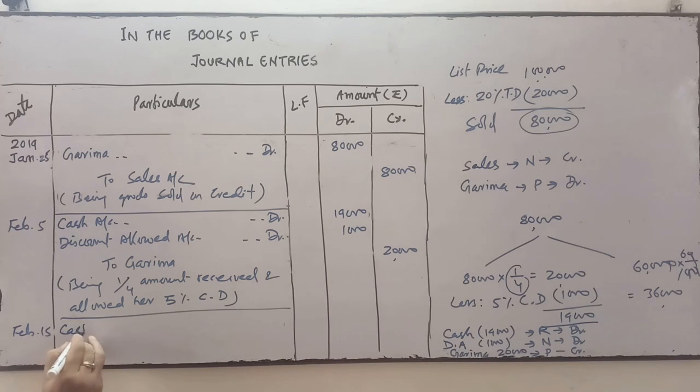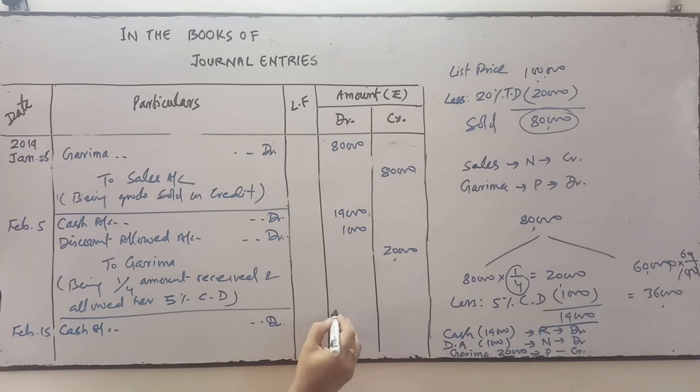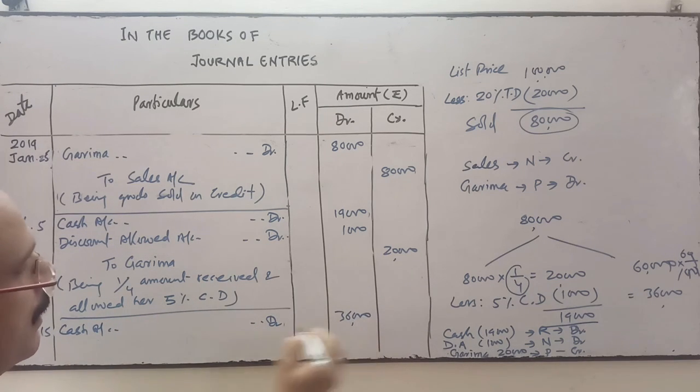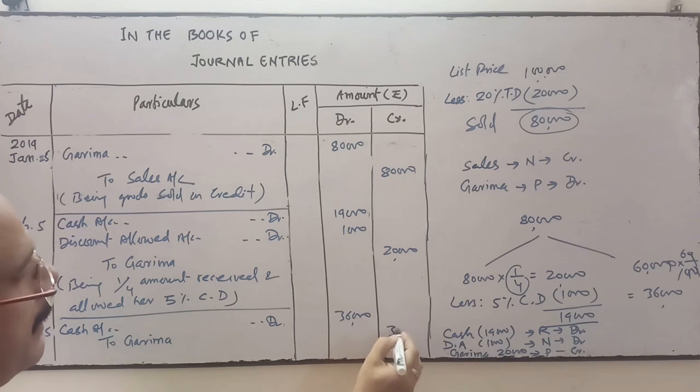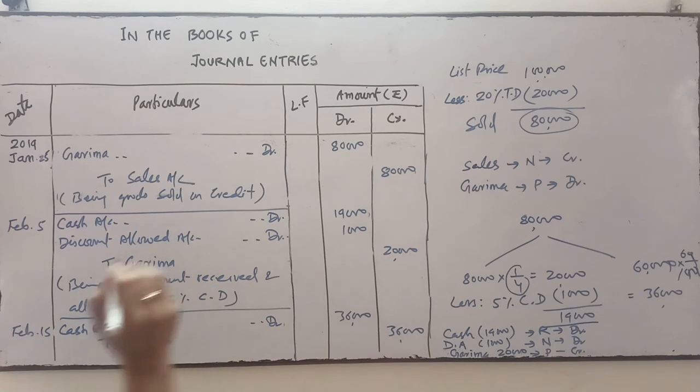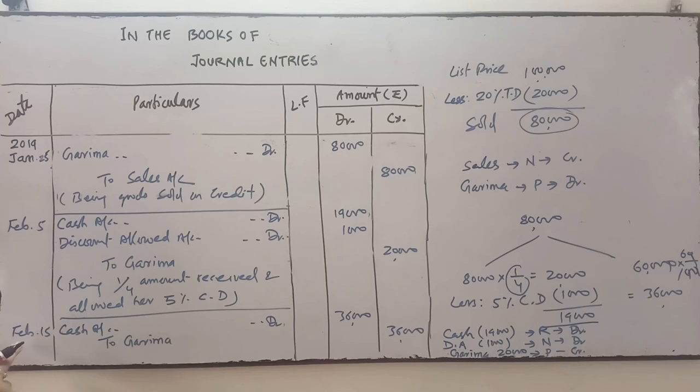Cash account debit. Cash comes in the business 36,000, and to Garima account, Garima is the giver, Garima account 36,000 in credit. No cash discount is given when she paid the amount on February 15.